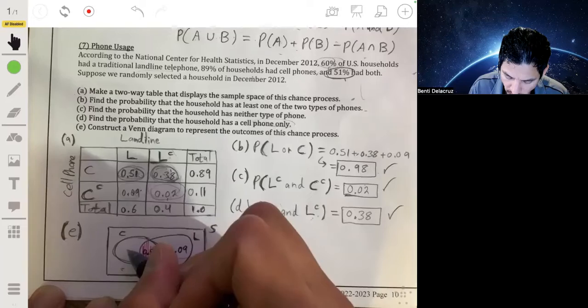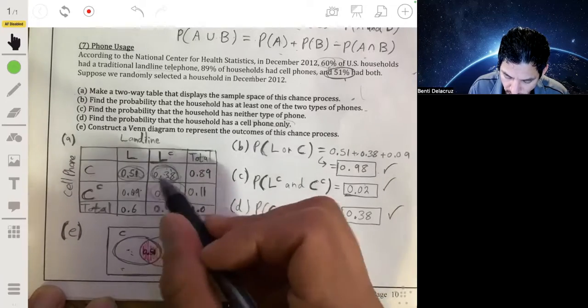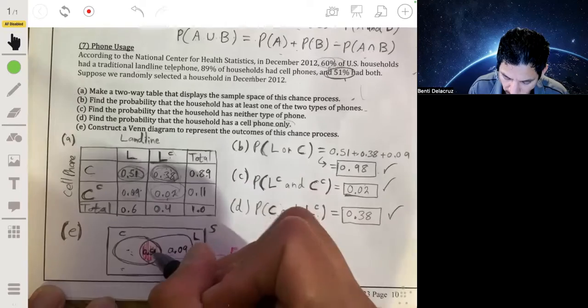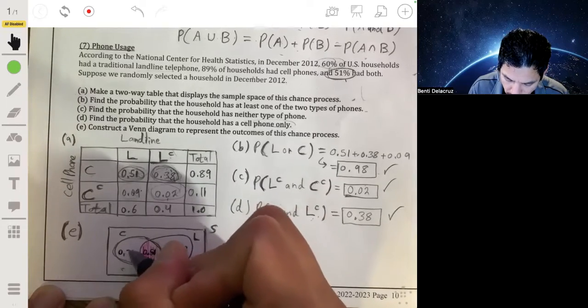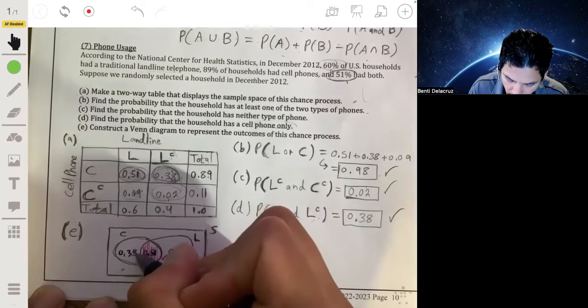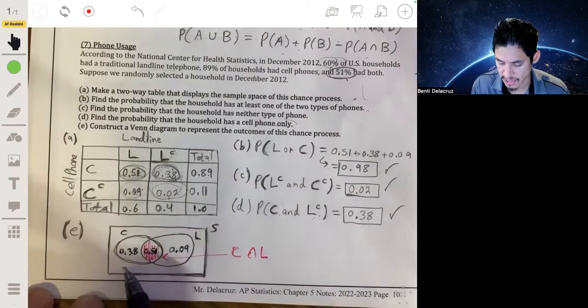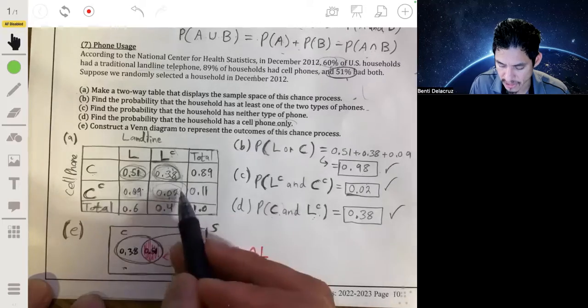And then over here, we know that the total cell phones adds to 0.89. That's our 0.38, because 0.51 plus 0.38 would be there. And then don't forget out here: not a landline and not a cell phone, C complement and L complement, and that's our 0.02.